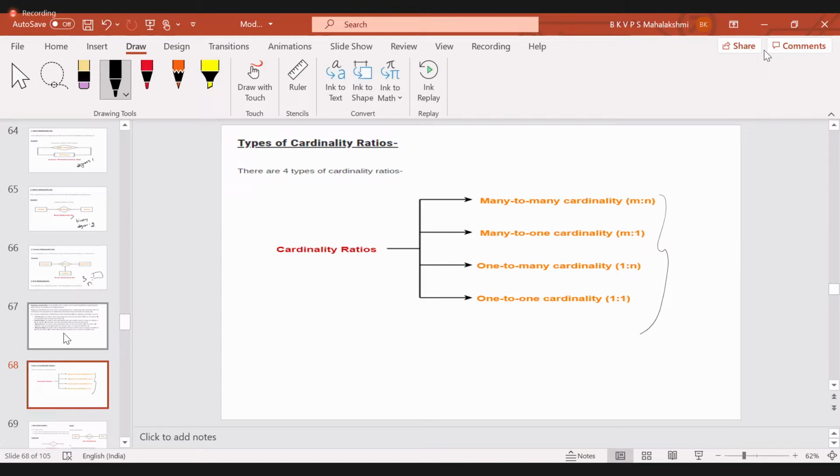If you know this only, then you will get the complete ER diagram for any specific data set. This is the last part that we will discuss in the next class. So up to here, everybody is clear? Yes, ma'am.